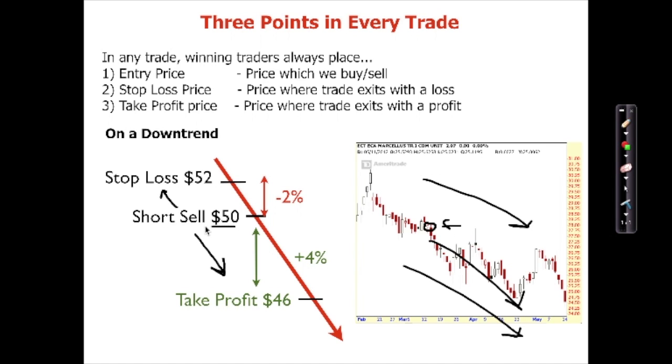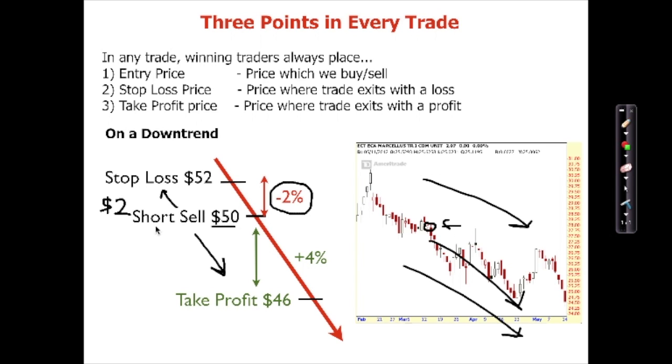So if it goes up and we are losing money, we will program the computer to cut our loss and to buy back the shares so that we only risk $2 a share in this case. Again, you learn how to calculate the number of shares to buy so that it represents only a 2% risk on your capital.